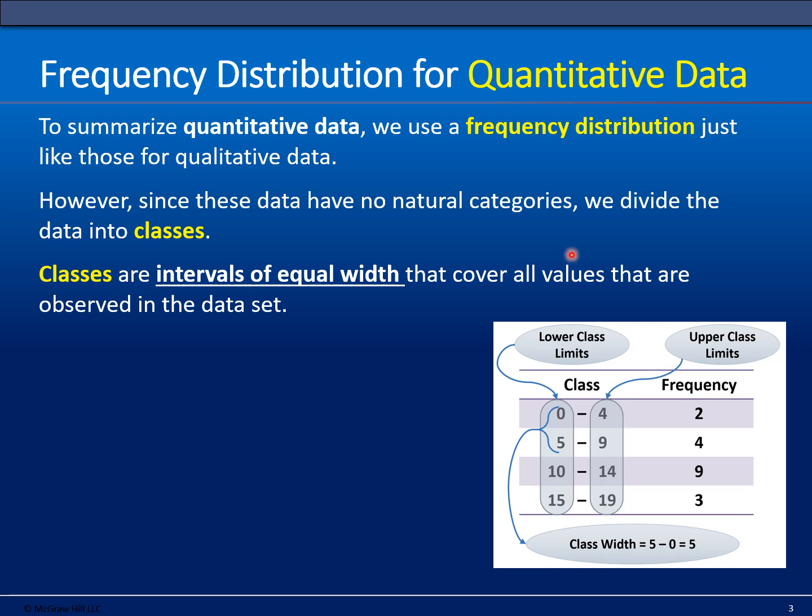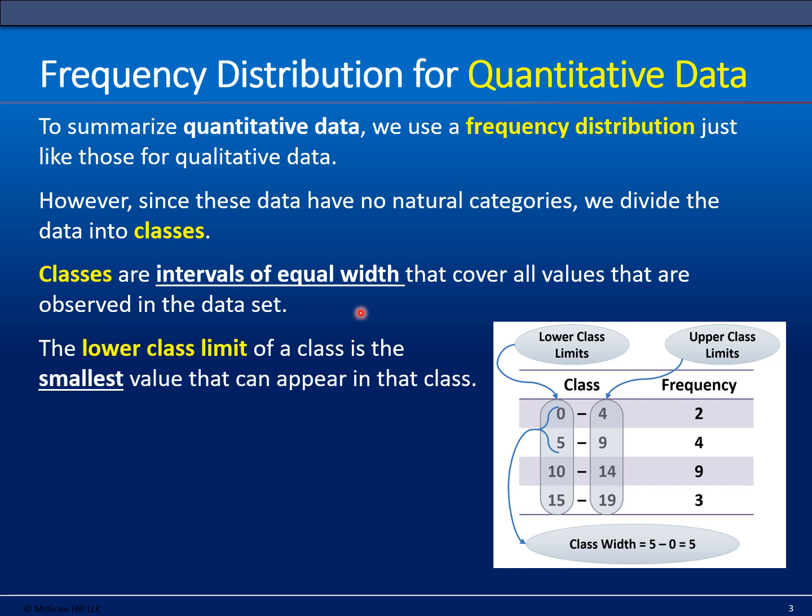In the table that you see on the bottom, you'll see that the first class goes from 0 to 4, the second class from 5 to 9, etc. And so what we're doing is recording all the responses that fell in this range of 0 to 4. So 2 of the responses fell in that first class range. It's important that you build classes that are intervals of equal width, or it could potentially skew some of your data and your observations.